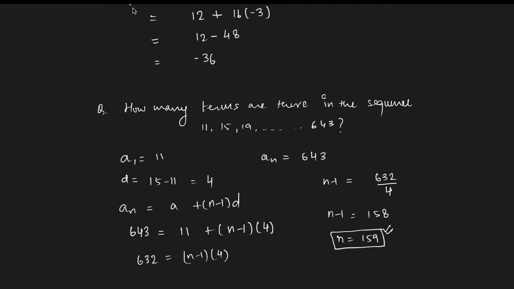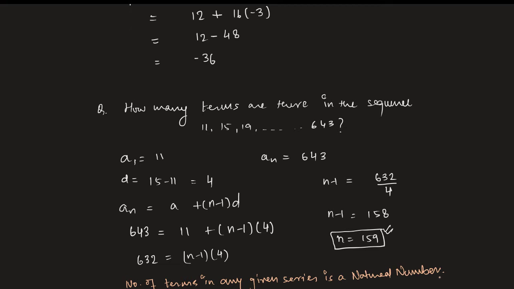Now the most important thing to note over here is that the number of terms in any given series is a natural number. Why? Because we can't have a negative number of terms.